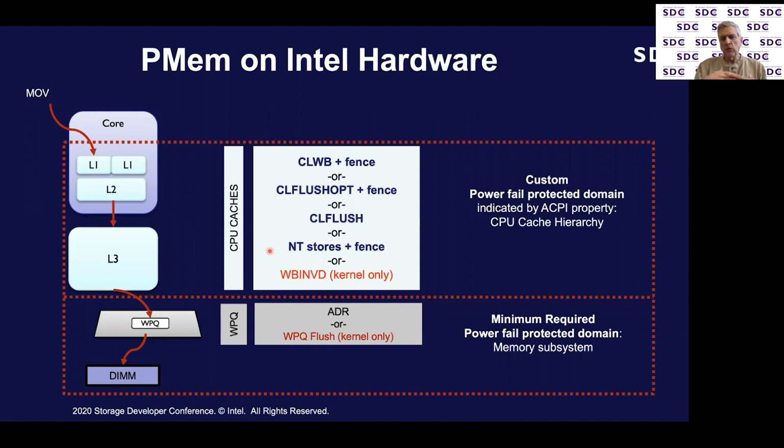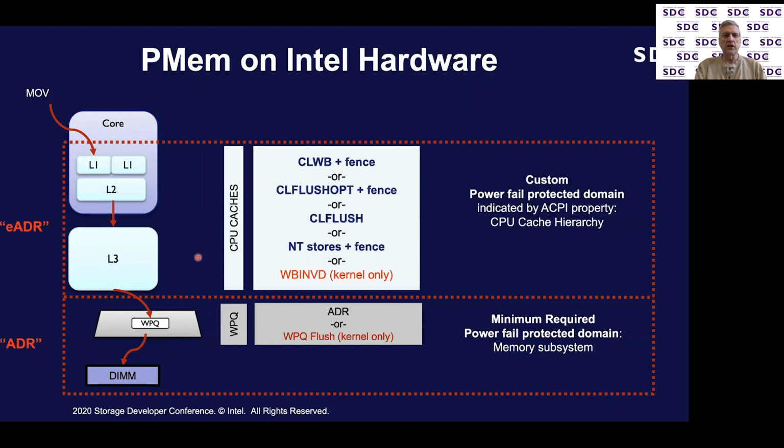When we first were defining the ACPI changes for persistent memory, where ACPI is how the operating system is told about the persistent memory in the system, we knew that we'd want to have this big red box someday, and that we were just starting with a small red box. So we put a property in ACPI to indicate whether you can consider the caches persistent or not.